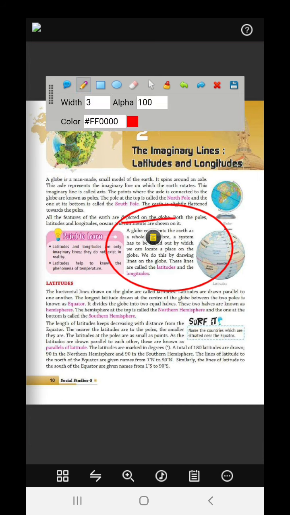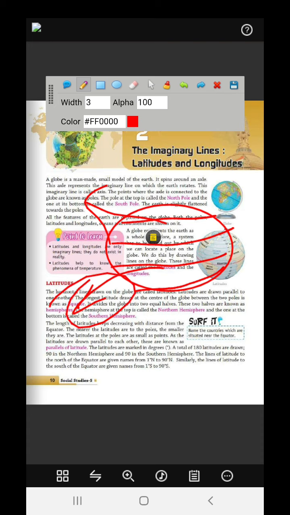You see, I am also marking lines over here. So which line is greater, this one or this one? Obviously this one, right? It's only trying to tell you about that.